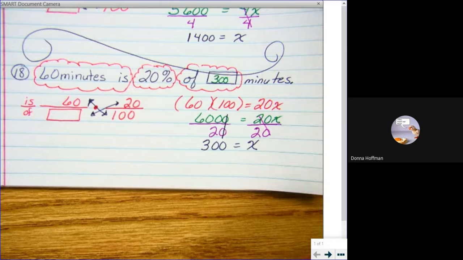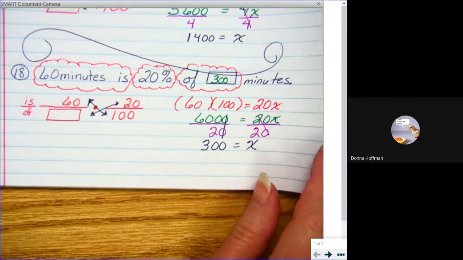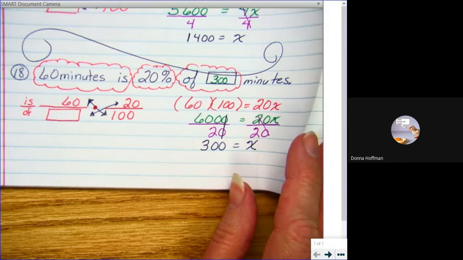300? Okay. I have to turn my page, y'all okay with it? 19? You already did 19? For real? I didn't even write it down yet. I don't even know what it is.